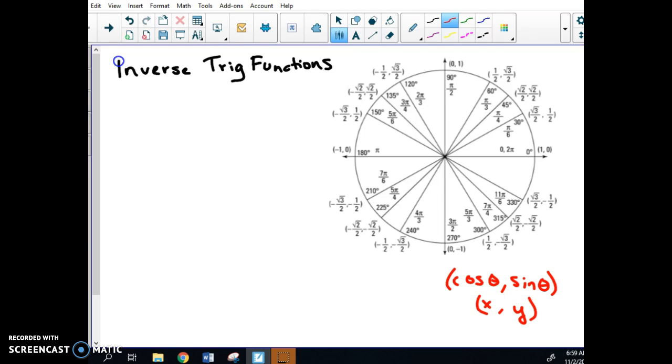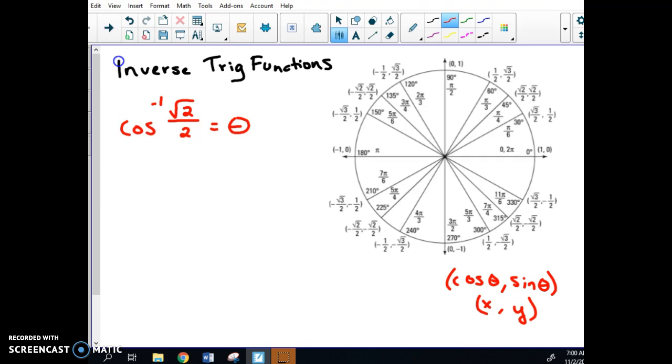Well, with the inverse trig functions, you're actually going the other way. So for instance, if I were to say the inverse cosine of square root 2 over 2 equals theta, your job is to use that unit circle in order to figure out the different radian measures in terms of theta.